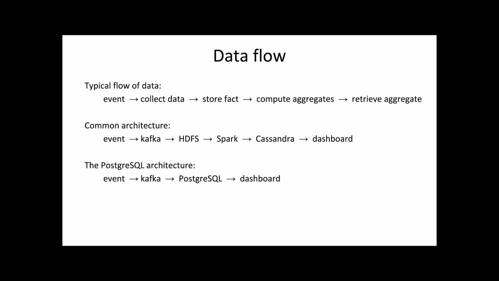And then people use Spark to actually write the jobs that compute the aggregates on the raw data, and then the results of that computation will be stored in some other database, maybe Cassandra or MongoDB. So these are just lookups at this point. So the dashboard then talks to the database to do these lookups.